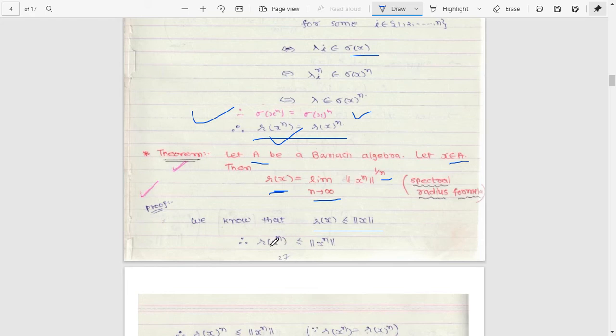Now we take x equal to x raised to n. So r of x raised to n is less than or equal to norm x raised to n.